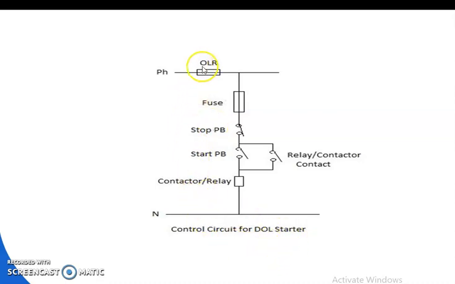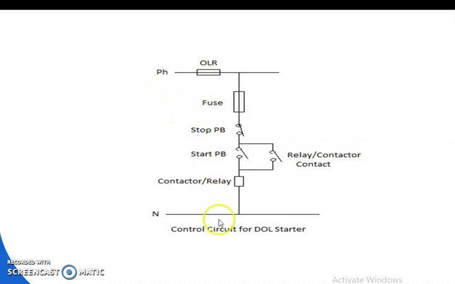This is an overload relay switch connected to the phase. This one is the single line diagram, which comprises a fuse, stop push button switch, start push button switch, and the relay or contactor contact. This is the contactor or relay. This one is the neutral line, this one is the phase.